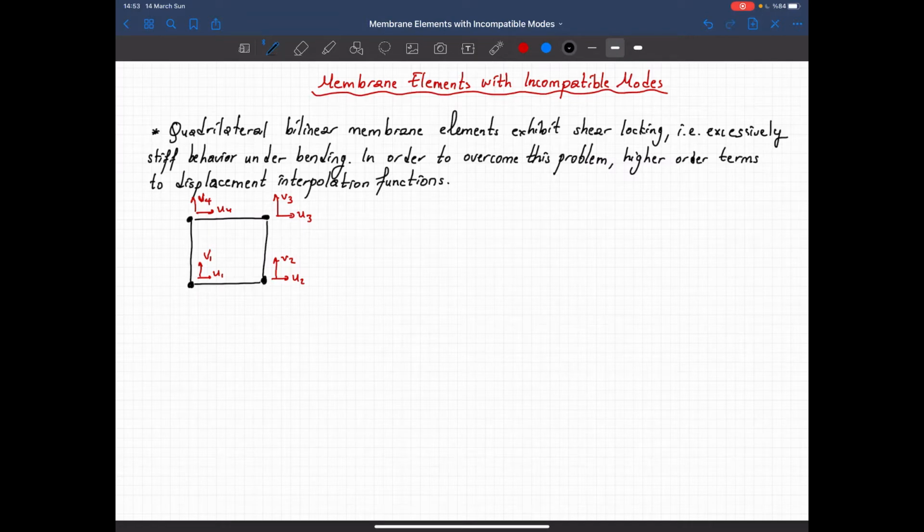So keeping that in mind, what I'm going to do is, now we have our typical bilinear shape functions. So again, I'm using the bilinear shape functions, and I am adding 2 general terms with higher order polynomials.